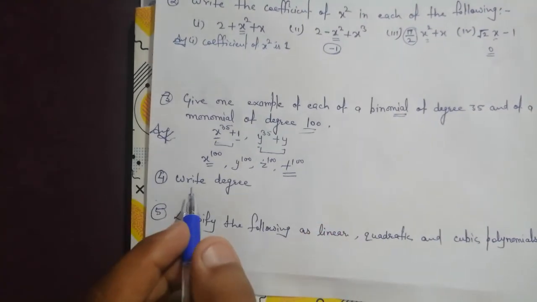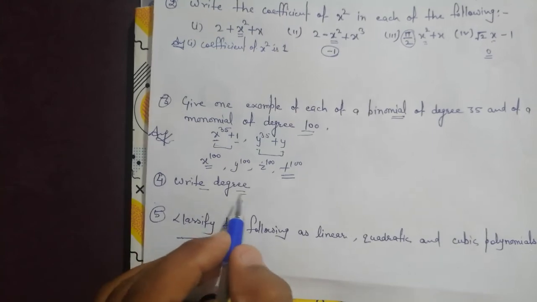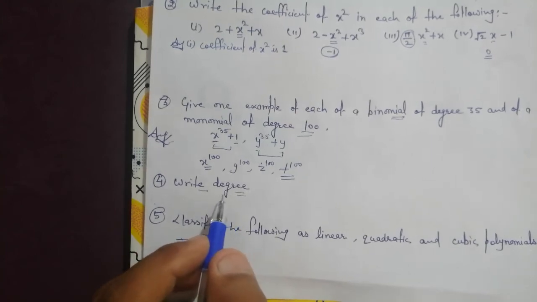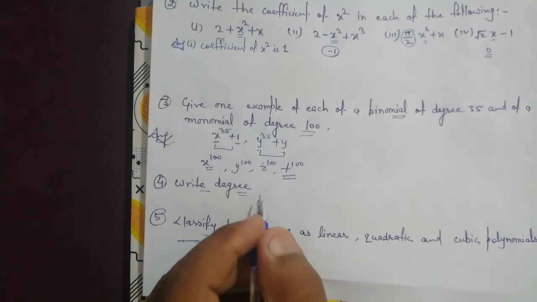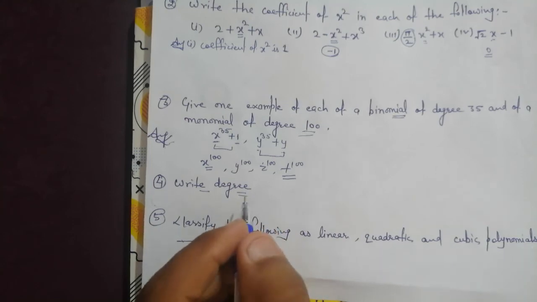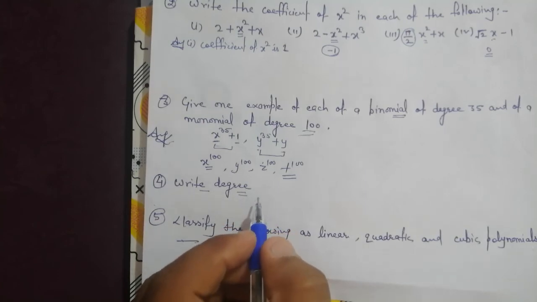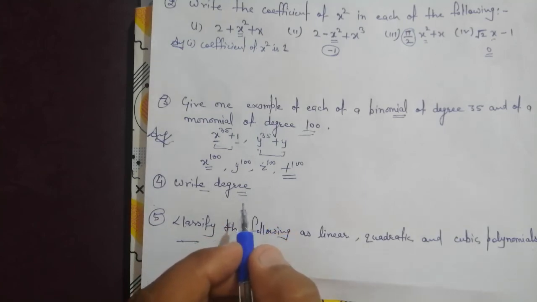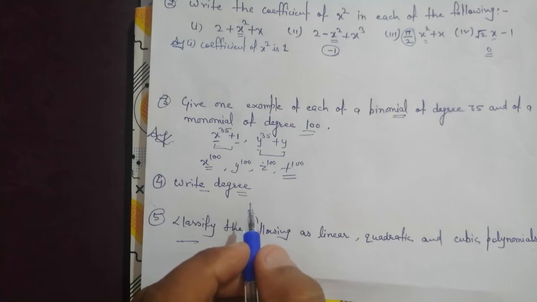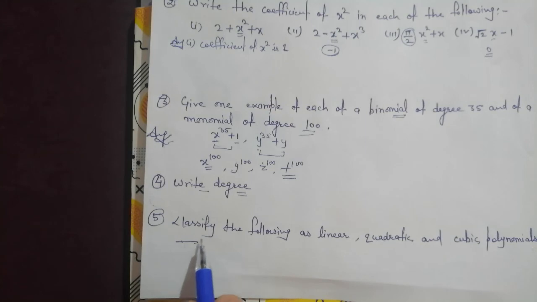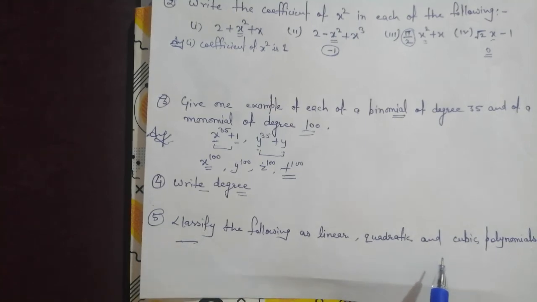Next is question number 4. In this you have to write the degree of the polynomial, and I explained to you very well that the highest power of variable is known as the degree of the polynomial. Some parts are given, in which you have to choose the highest power, and that will be the degree. And in question number 5, classify the following as linear, quadratic and cubic polynomials.